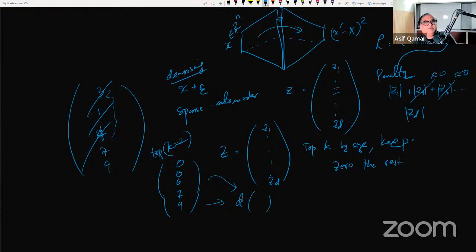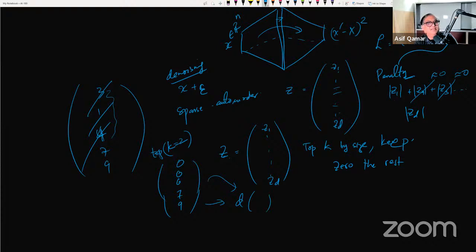That is your sparse representation. It was inspired again by neurobiology, the realization that in our brain, whenever some activation happens, some sensory information comes, only a sparse set of neurons are activated.